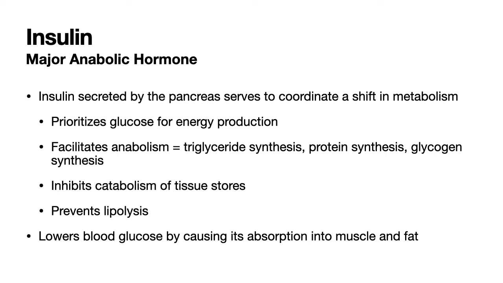This involves the prioritization of glucose for energy production. Instead of utilizing fats and proteins to produce energy, if insulin is secreted, the cells of the body will then shift their attention, change their focus from utilizing fats and proteins to utilizing glucose.